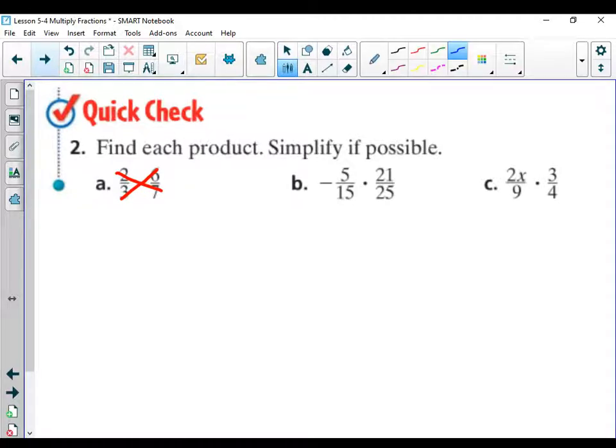A lot of people say, how do I know when to simplify? To me, it's always if the numbers are big. So if I go to box 6 right here, I don't mind multiplying these at all.